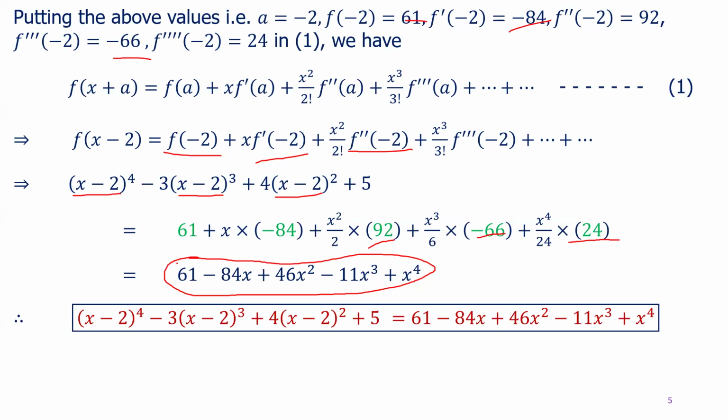Therefore, x minus 2 whole to the power 4 minus 3 times x minus 2 whole cube plus 4 times x minus 2 whole square plus 5 is equal to 61 minus 84x plus 46x square minus 11x cube plus x to the power 4. This is our desired result. Thank you.